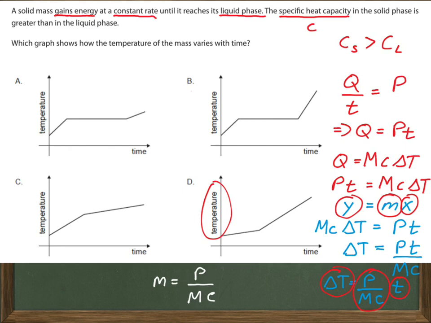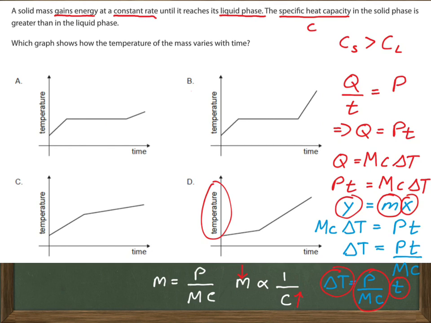And that means that actually the gradient has an inversely proportional relationship with C. So as the gradient increases, C decreases. And now I'm ready to answer the question, because it told me in the beginning that the specific heat capacity in the solid phase is greater. But C here is larger when the gradient is lower. So I'm looking for a graph that shows a lower gradient in the solid phase.